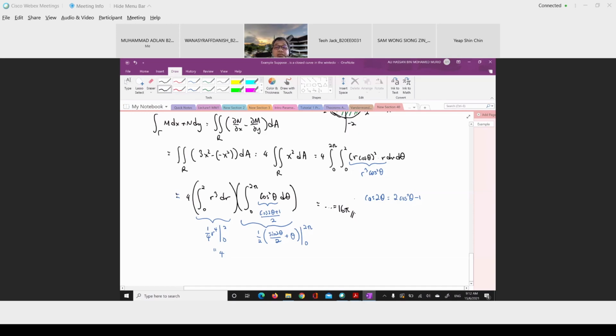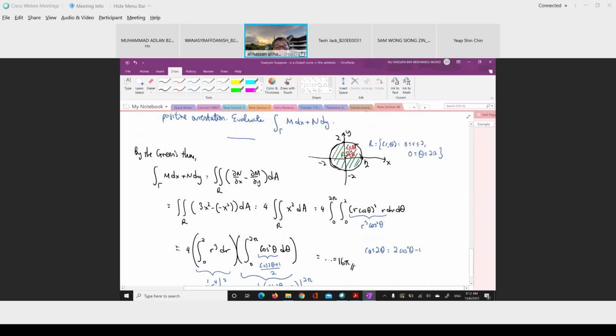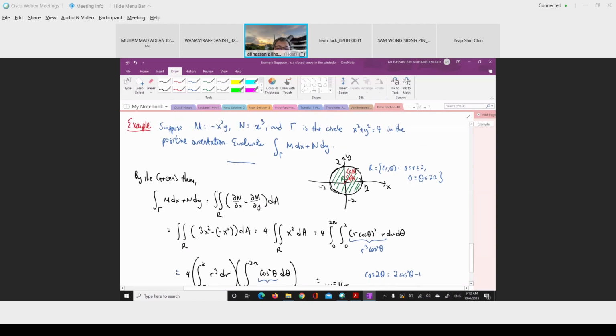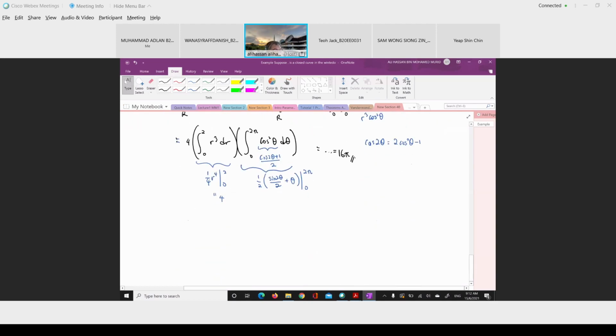So in this case, we used Green's theorem with polar coordinates. It depends, so you have to look at the given region.